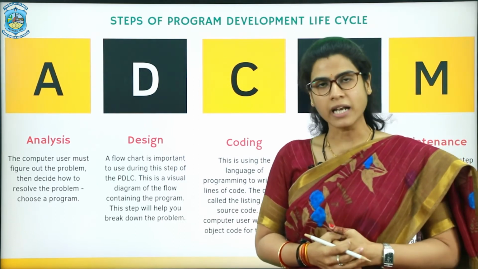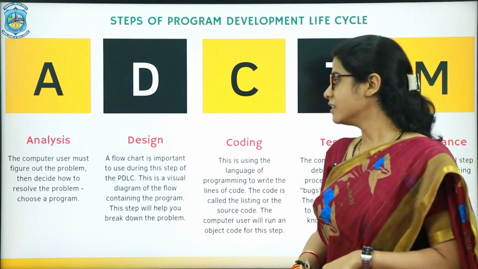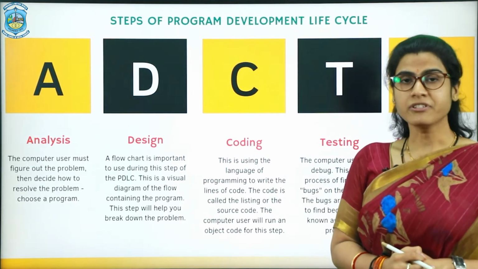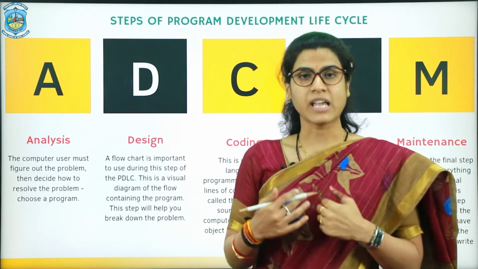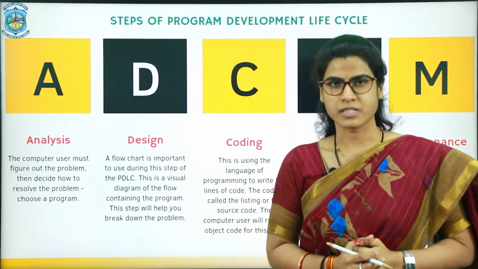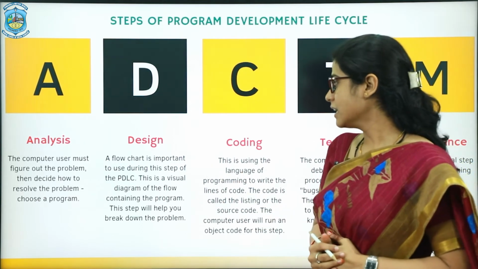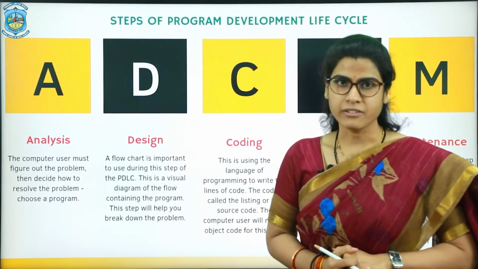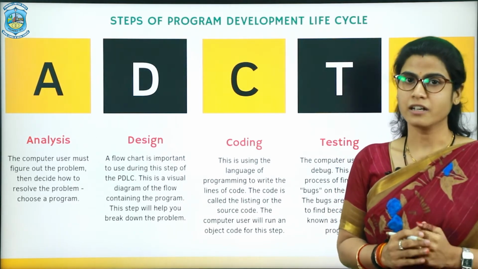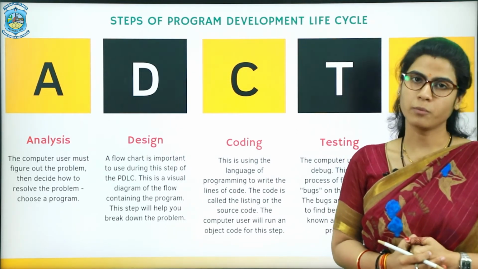So we have to analyze the problem first, then decide how to resolve it. The very first stage says that we have to analyze the problem, then only we can resolve it. After analyzing, we have to go with the design phase. That is where we actually design a flowchart to resolve the problem.